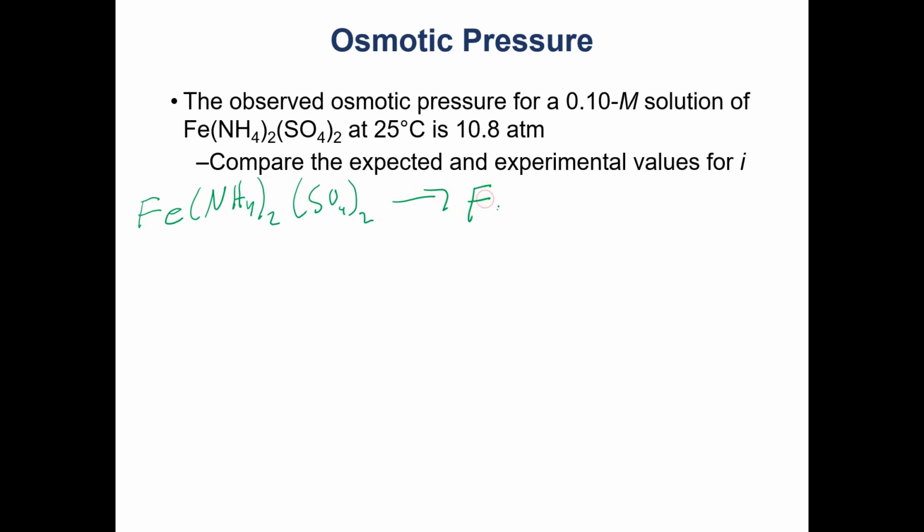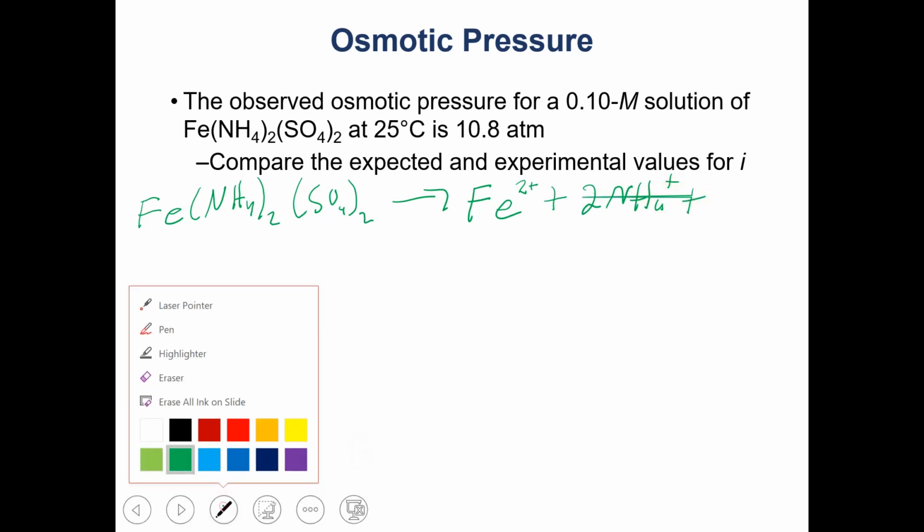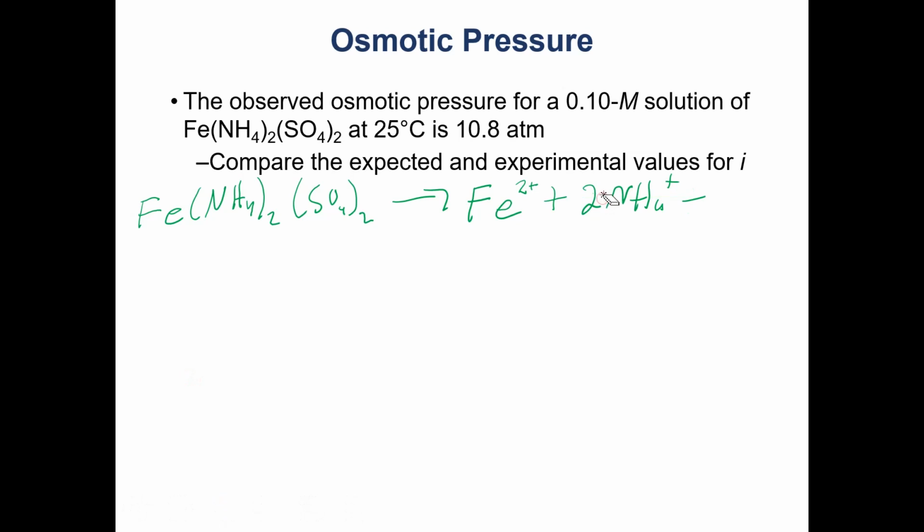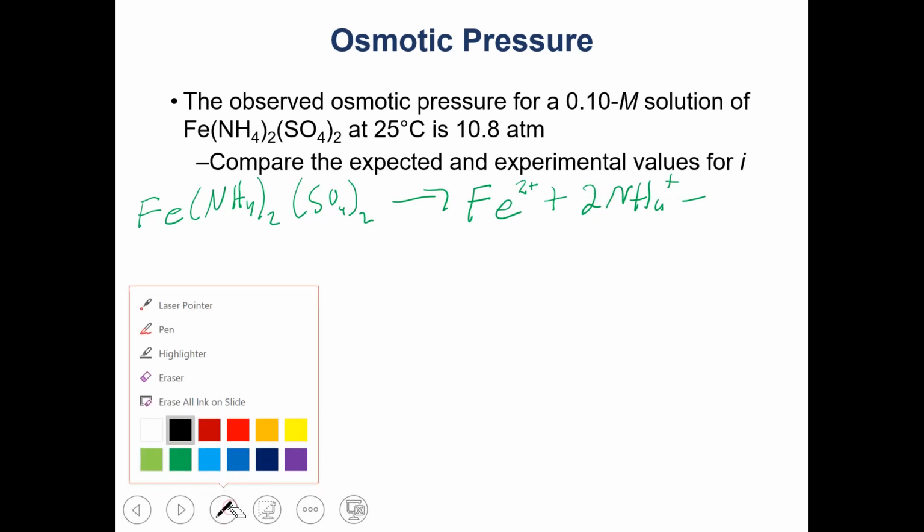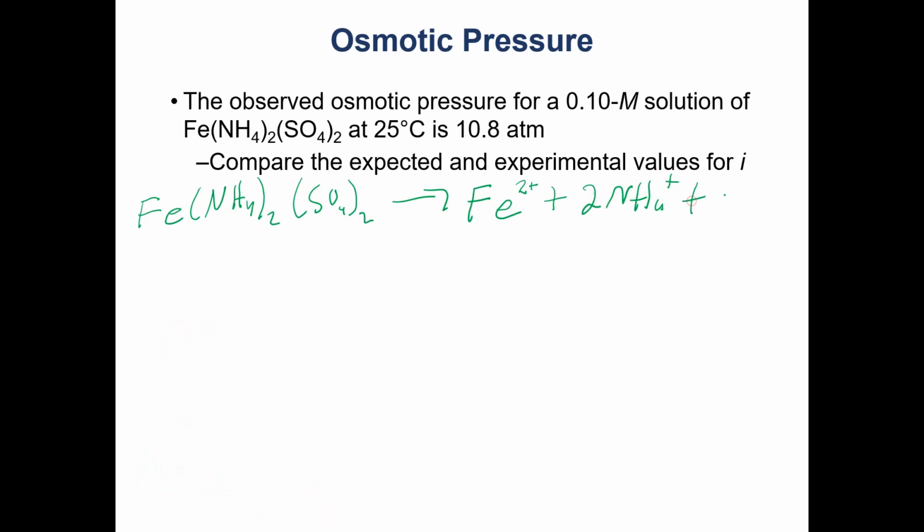So we would get iron 2 positive plus 2 ammonium ions, plus 2 sulfate ions.